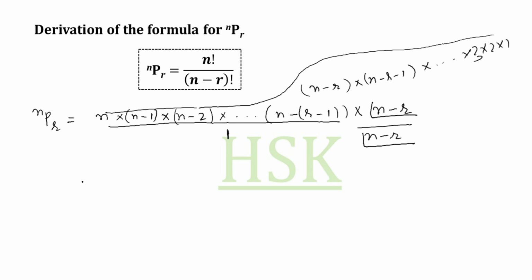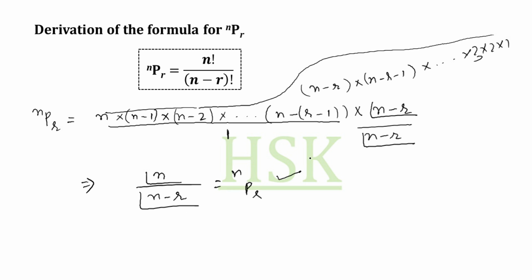So this will be equal to how much? This will be equal to n factorial upon n minus r factorial. Okay, so this is how we get the result that NPR is equal to n factorial upon n minus r factorial. So this is how we prove this result. It is very simple too. So there is a one-liner proof.